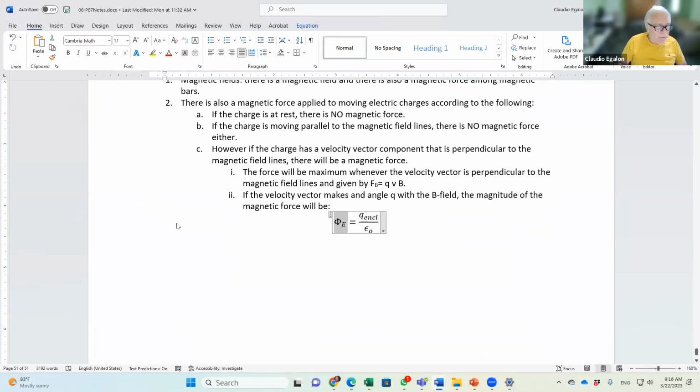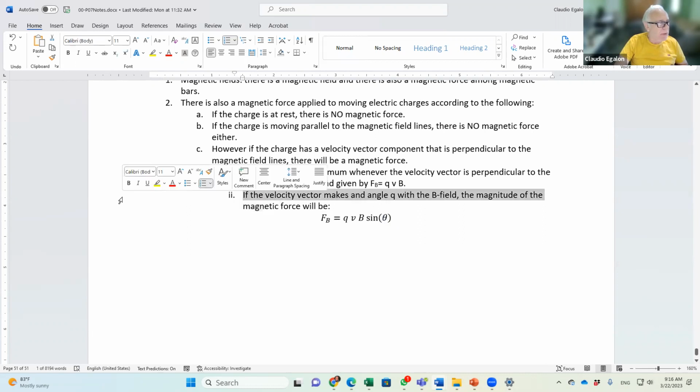Magnetic force QVB times the sine of the angle theta here. Okay, that's just the magnitude. That's just the magnitude.